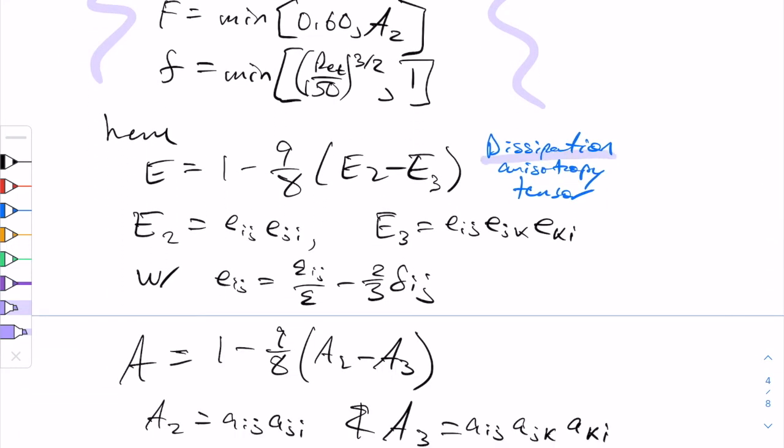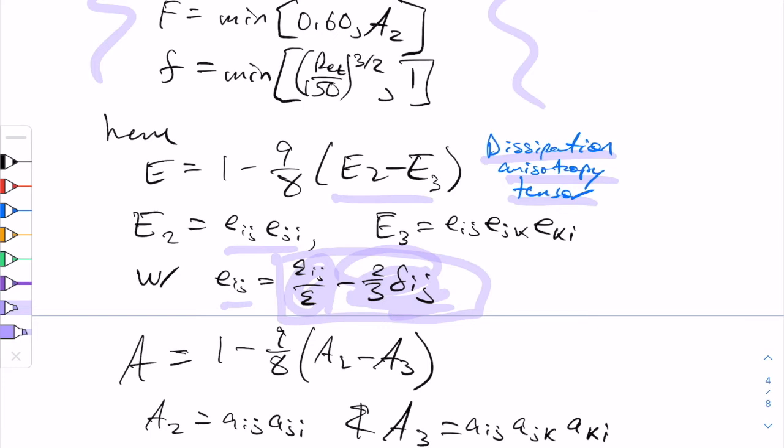Here, E, capital E, is the dissipation anisotropy tensor, and it goes as 1 minus 9/8 of E2 minus E3. E2 is these tensors e_ij e_ji, and e_ij is now defined as epsilon_ij over epsilon minus 2/3 delta_ij.